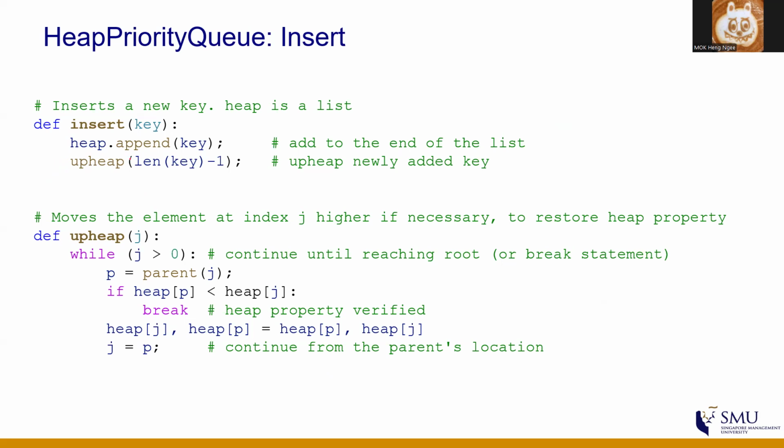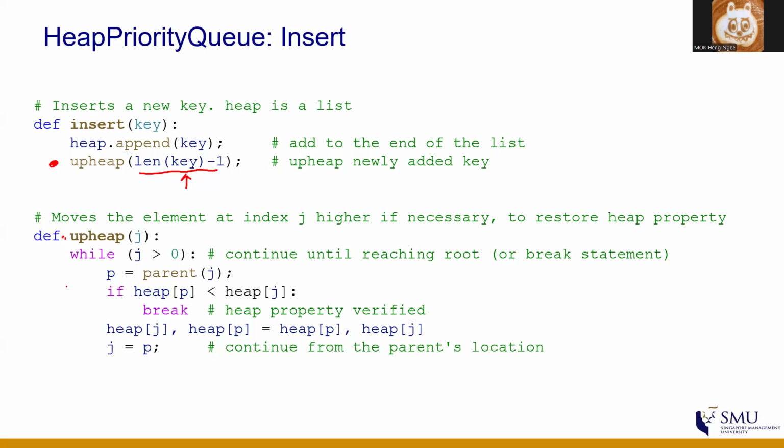So after adding the new node to the last position of the list, we call an up-heap function. And what do we pass to up-heap? The position of the newly inserted element, which in this case is just n, or length minus one. All right, the position of the newly added element.